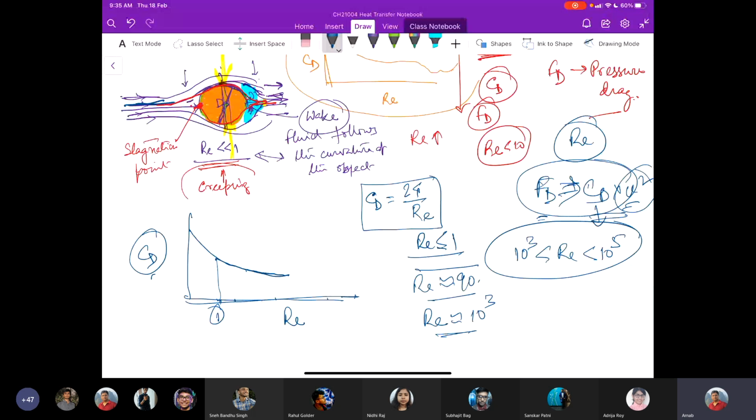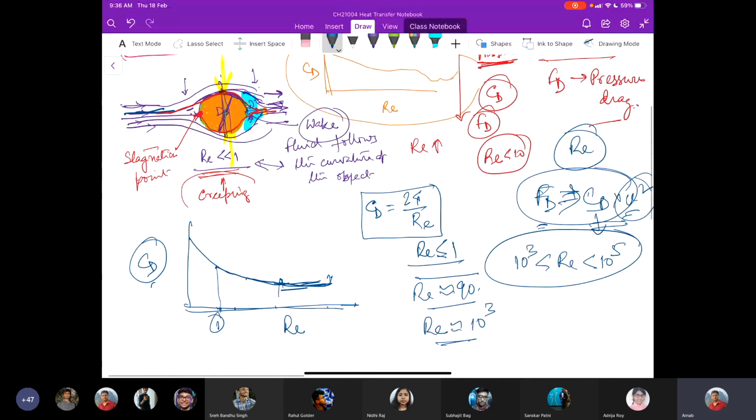Here, the drag coefficient remains nearly constant, and this is the behavior by which you can recognize a blunt body. The flow in the boundary layer is still laminar, but there is a flow separation region past this object, that is this shaded area that I have mentioned.